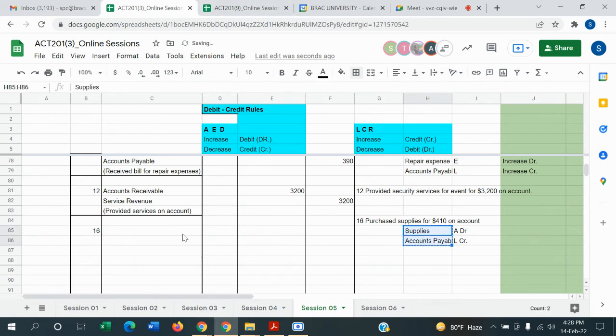So amount was 410 for supplies, 410 for accounts payable. How can I write down the explanation? Purchase supplies on account.